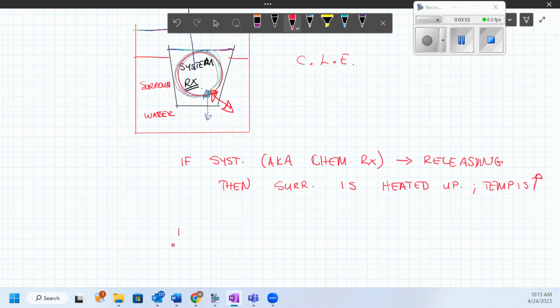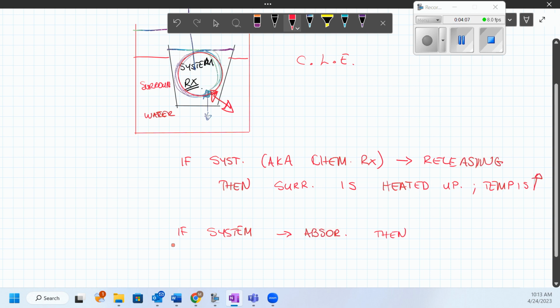And if the system, which is the chemical reaction, is absorbing, then where is it absorbing from? From the water. Then the surrounding, which is the water, is cooled down.